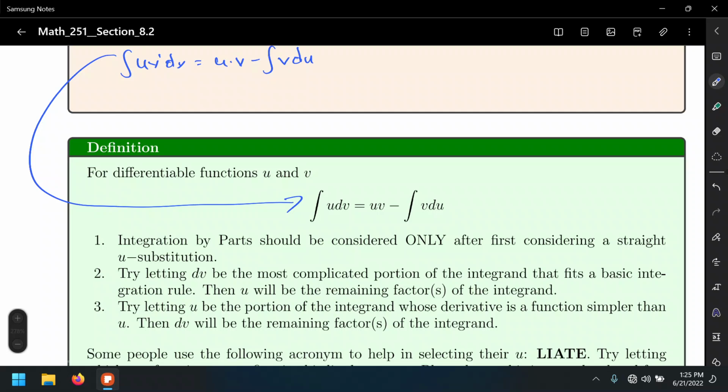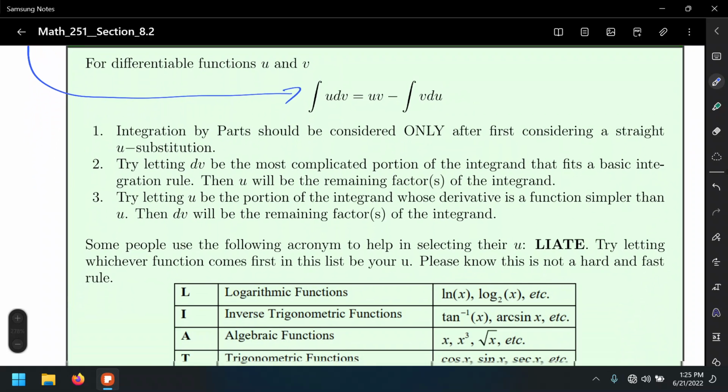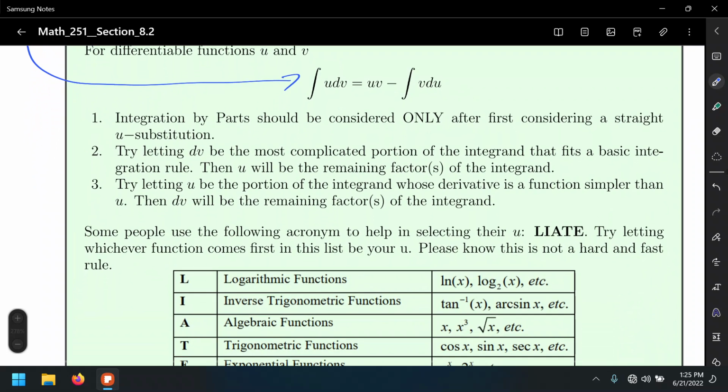So just so you don't go and try and error, if we choose the wrong u, we can end up in an infinite loop, making the problem more complicated than it originally was, and it actually won't have any solution.